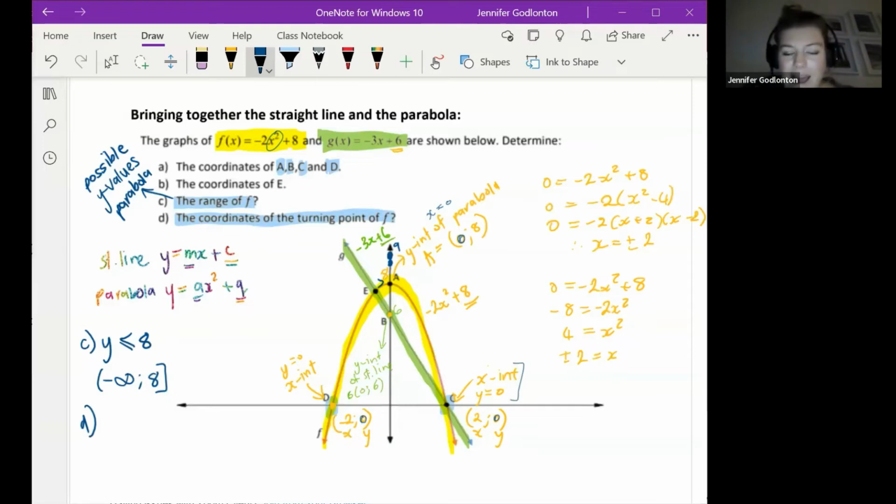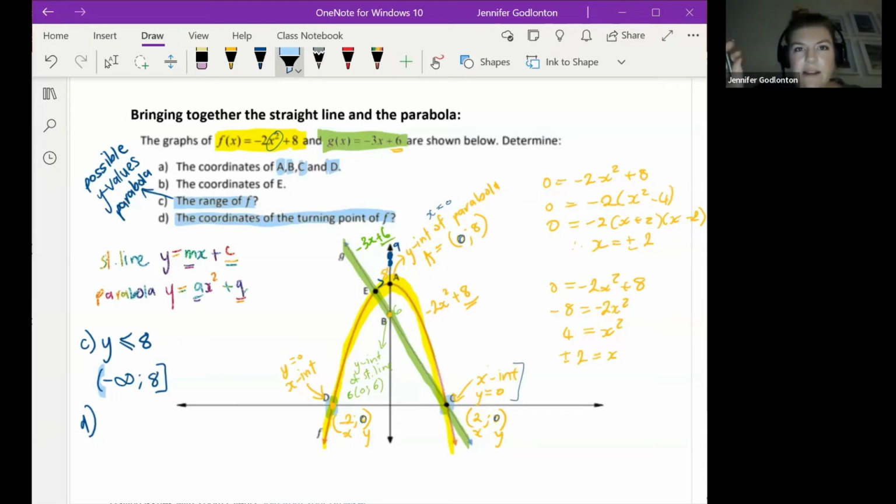Hello, ma'am. Hi. Ma'am, I just wanted you to explain by question C what do the brackets mean, ma'am? Sure. Okay, so this curved bracket, it means that I'm not including that number. And we're not ever allowed to include infinity because infinity is not really a number, it's a concept.